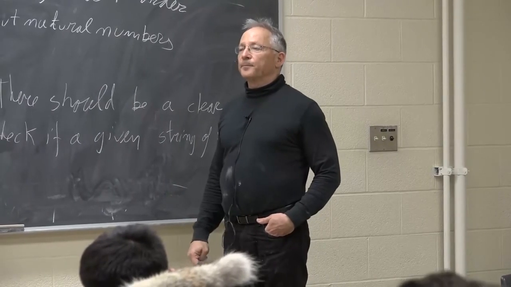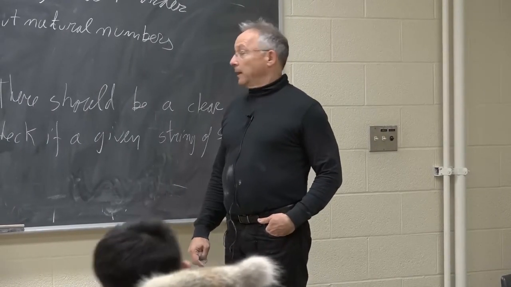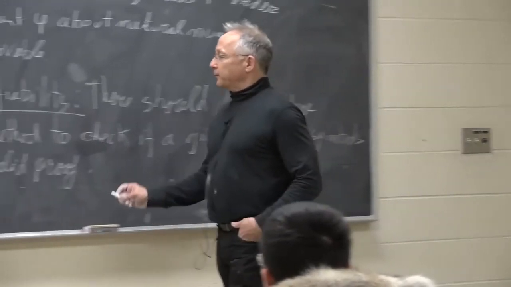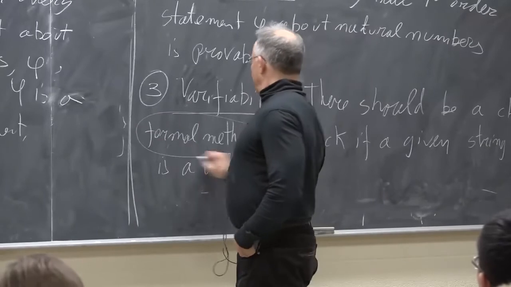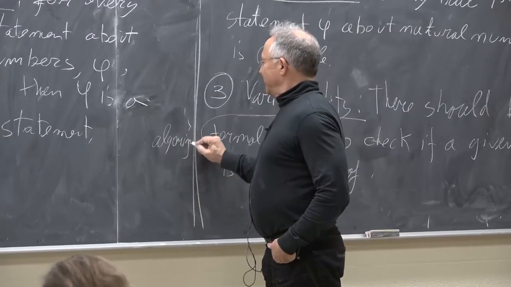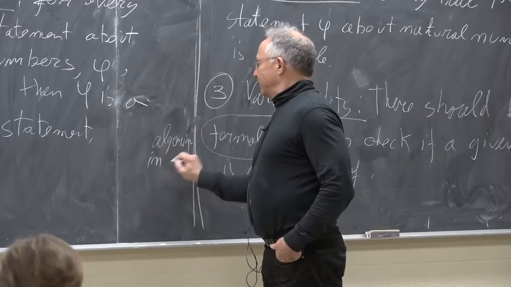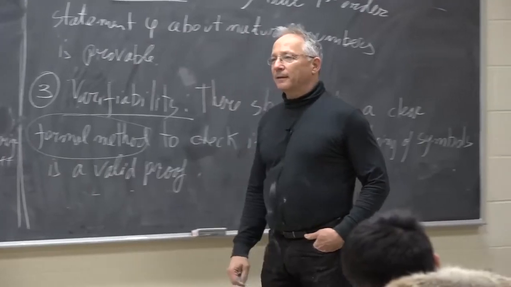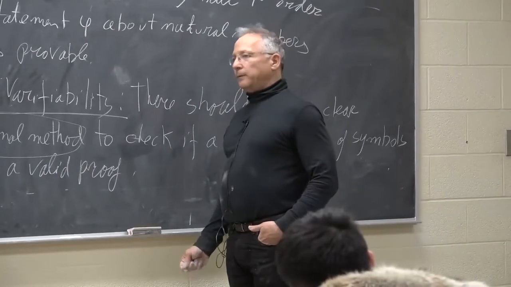Isn't formal method a bit ambiguous? Right, formal method is a bit ambiguous, so let's replace formal method by algorithm. An algorithm in C++. That halts maybe? Yeah, you want your proofs to halt.